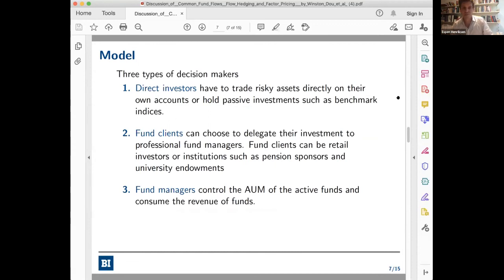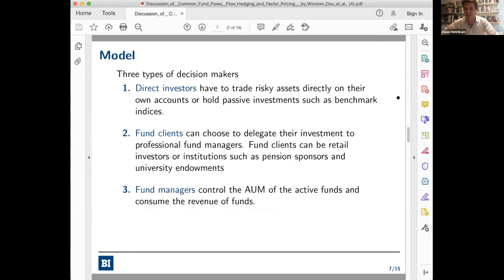So in the model, we have three different decision makers. We have the direct investors that trade risky assets directly on their own accounts, so these essentially ensure that we get market clearing. Then we have the fund clients, who can choose to delegate their investment to professional fund managers.